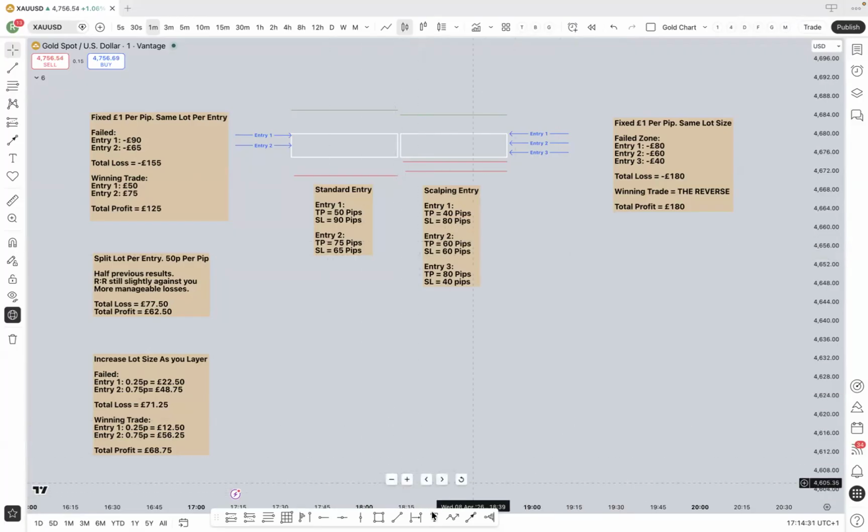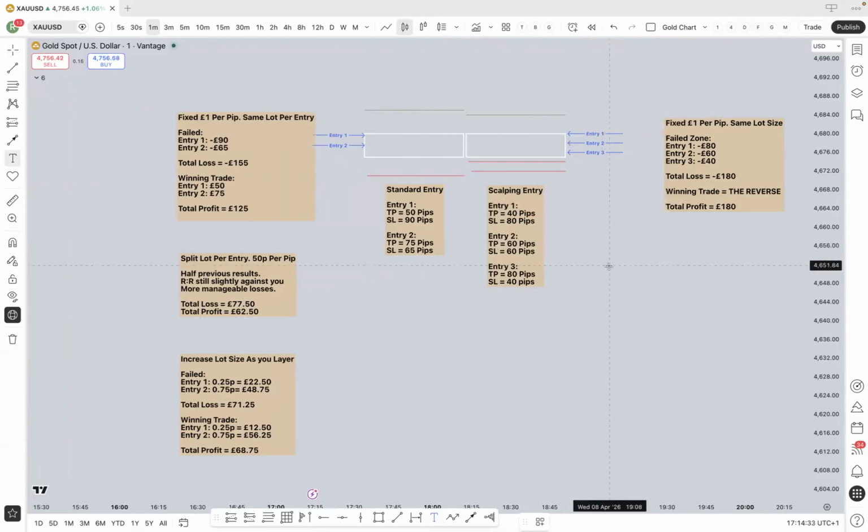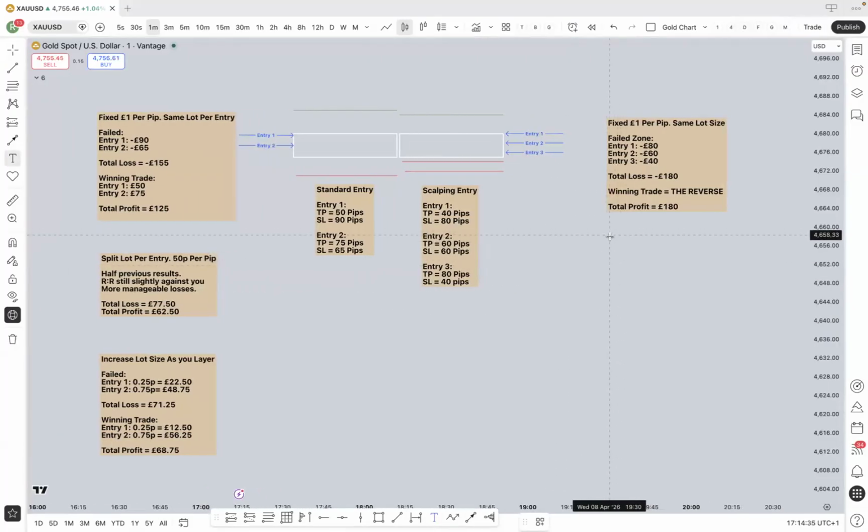So obviously, if you equally split, split lot entry, we're going to go 0.35p. Okay, because you can't do 33 and a third. So you would, in this instance, instead of risking £1 overall, you are risking £1 and 5p.